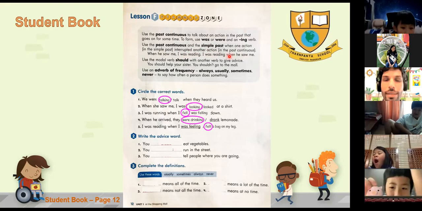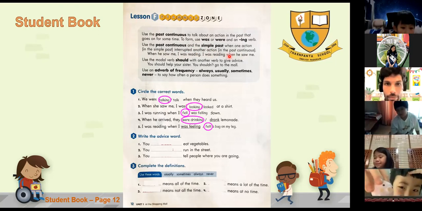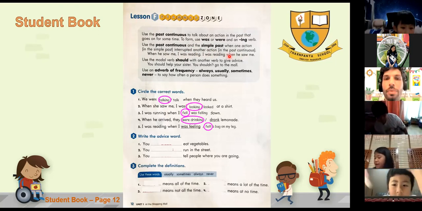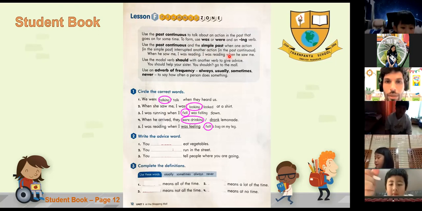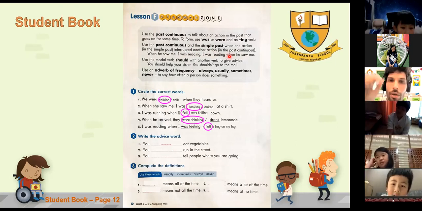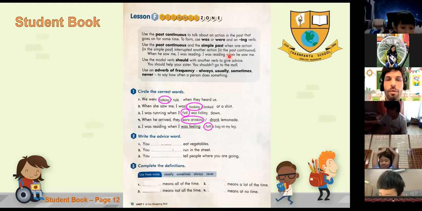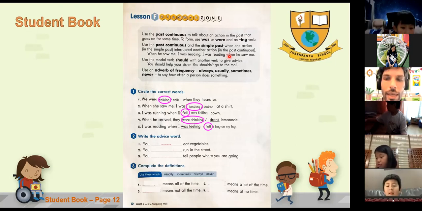So I was doing something for a period of time when something else happened and interrupted the action that was happening. We use simple past to talk about a specific point in the past, and we use the past continuous to talk about something that was happening for a period of time. Do you understand this? Do you want me to explain it one more time?